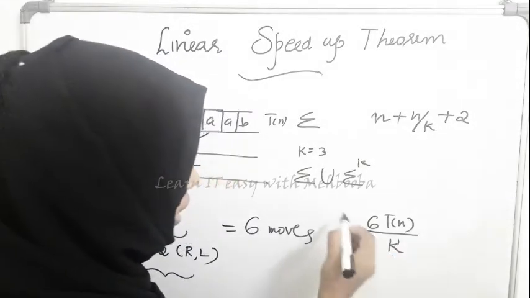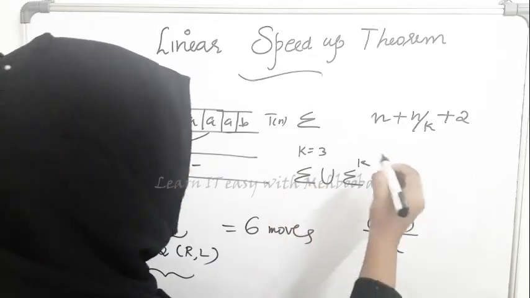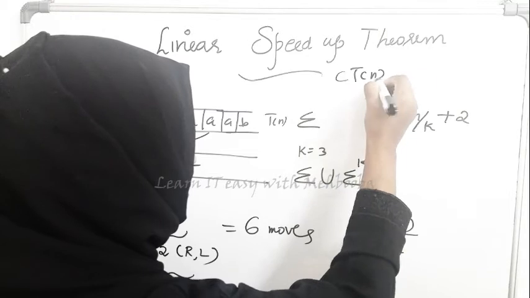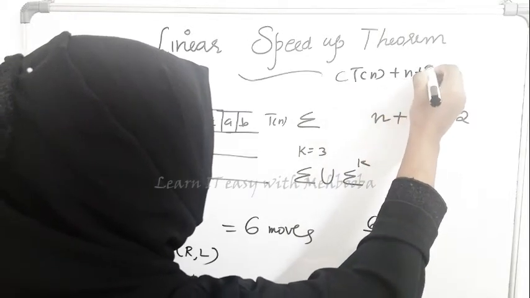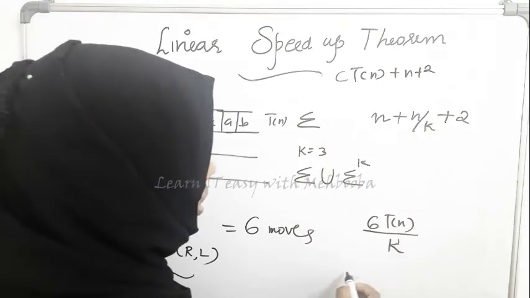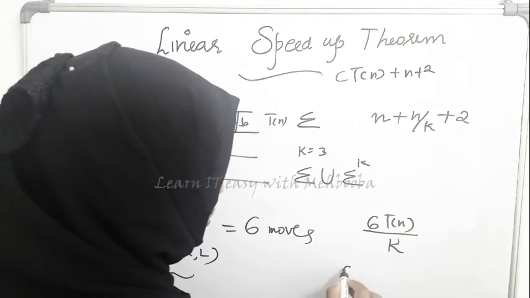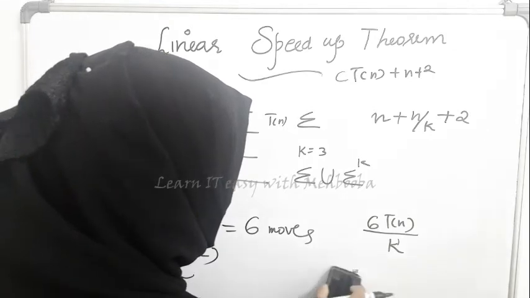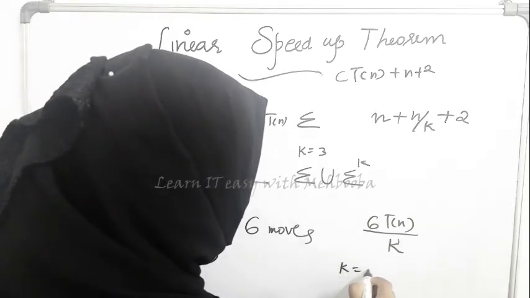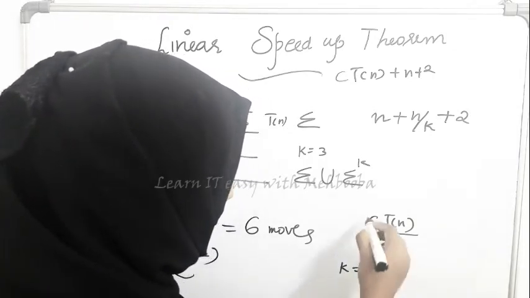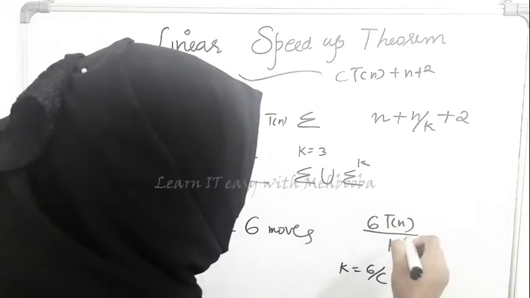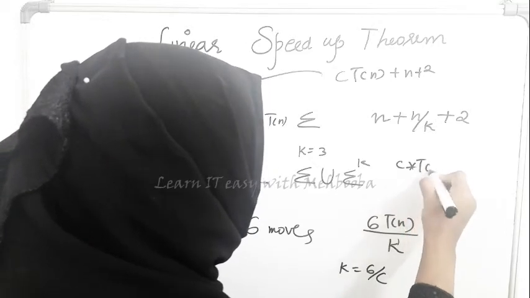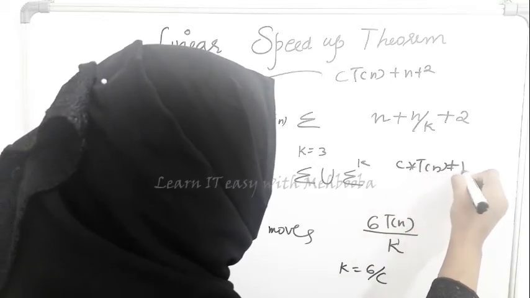So now we have a constant c that I have talked to you about, isn't it? That is, we can create a Turing machine that works in c into T of n plus n plus 2 time, isn't it? So if we are substituting k as 6 by c, you can get this 6 cancelled and you will get eventually c into T of n plus n plus 2.